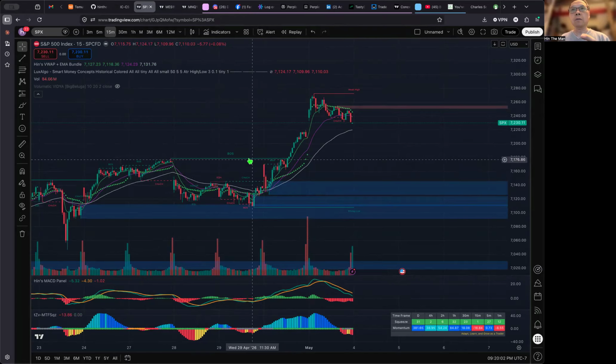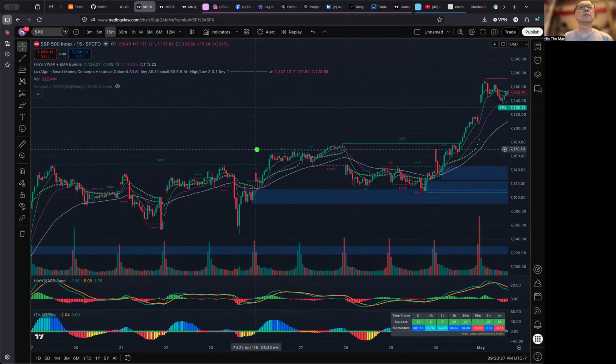Notice this break of structure is in green color. That means it's going up. The break of structure that is going green is going up. The break of structure that is going down is in red. So most of the break of structure that I see is going green, but there may be break of structure going down, I don't see it.